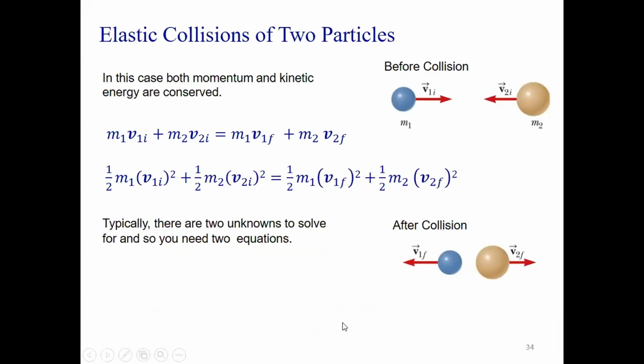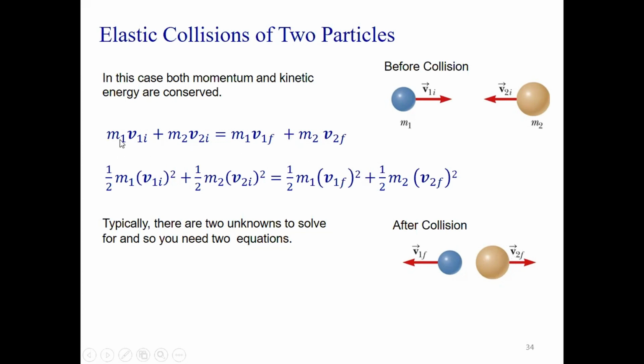Let us consider the two particles case for the elastic collision. In this case, both the momentum and kinetic energy are conserved. So we look into the equations. For two masses, the initial velocities are v1I and v2I for m1 and m2. After the collision, it is v1f and v2f. Then the linear momentum conservation is the first equation.